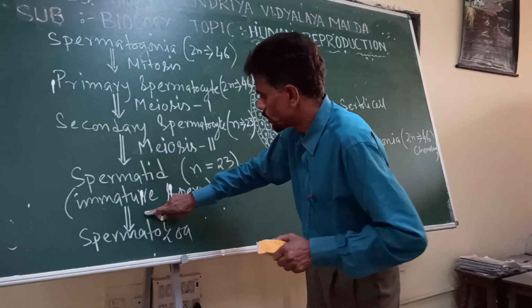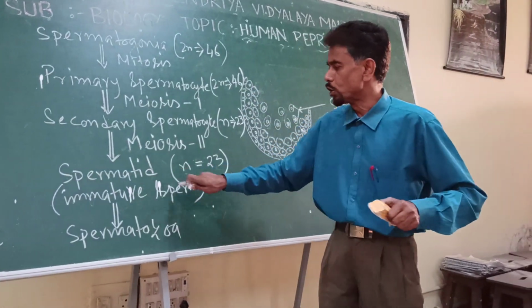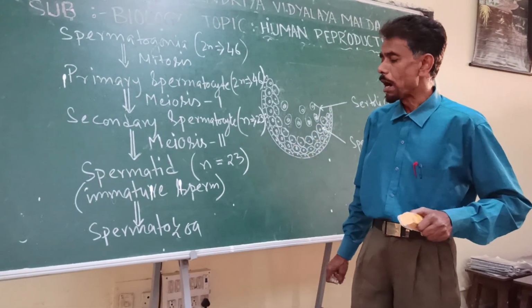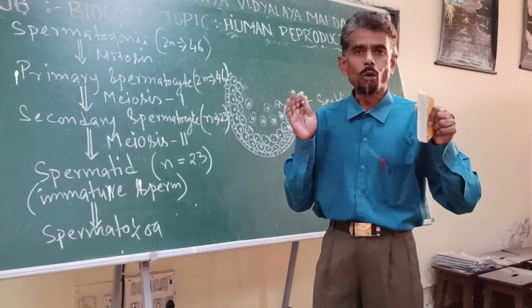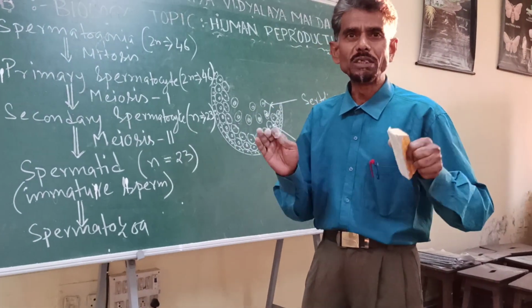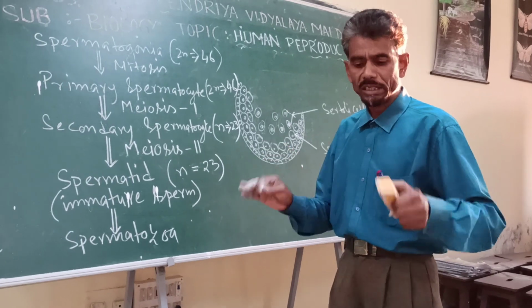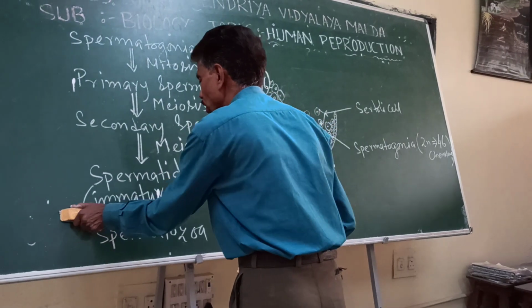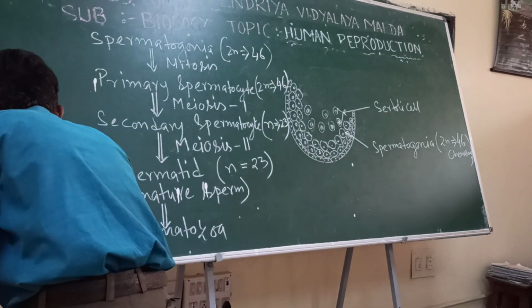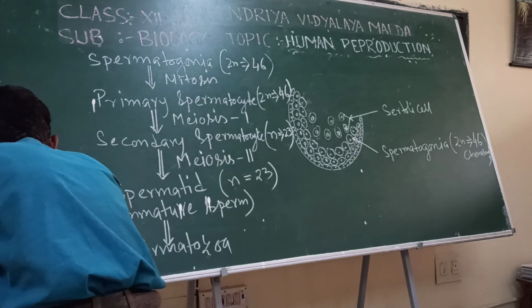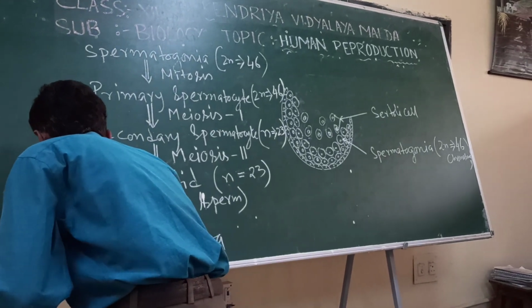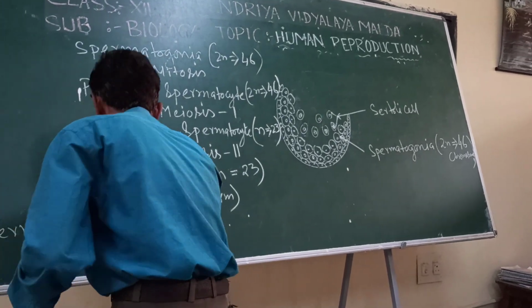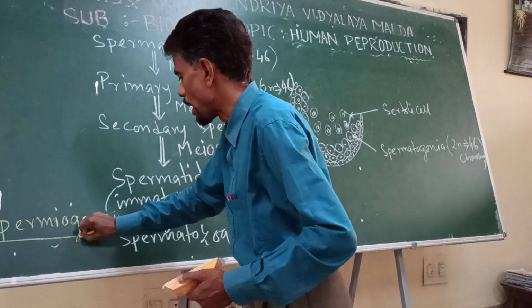The process by means of which the immature sperm or spermatid gets converted into spermatozoa is called spermiogenesis.